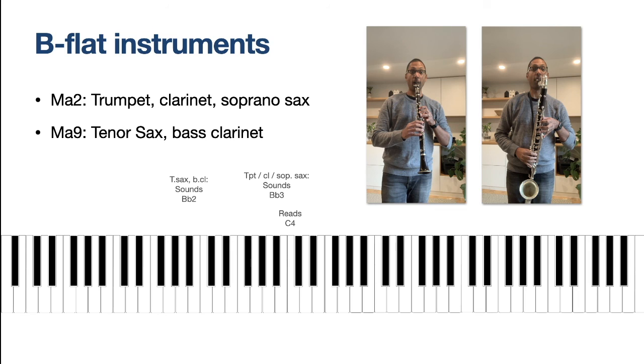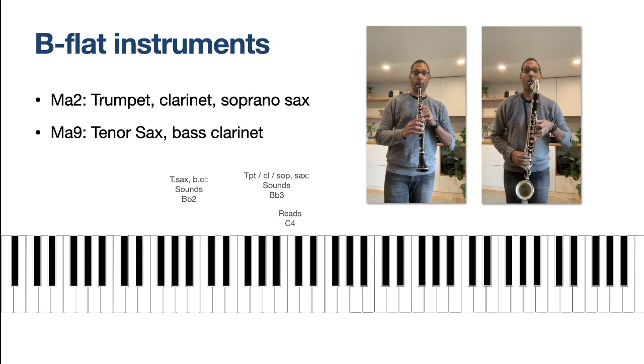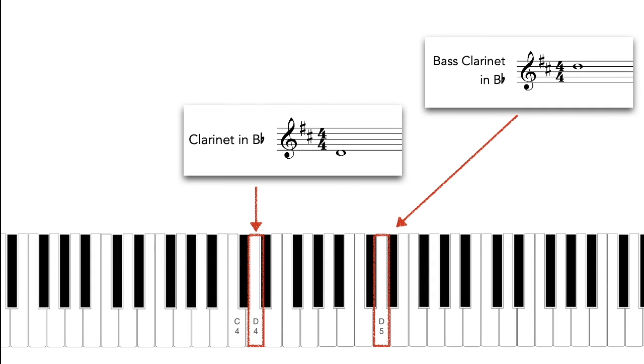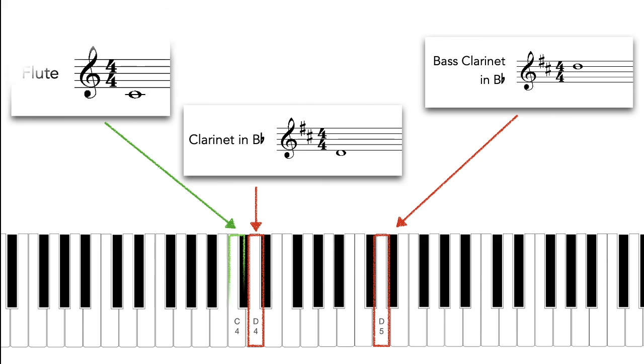The trumpet, clarinet, and soprano sax sound a major second lower, or B-flat 3. And the tenor sax and bass clarinet sound a major ninth lower, or B-flat 2. If we want the trumpet, clarinet, or soprano sax to sound C4, they must read D4.